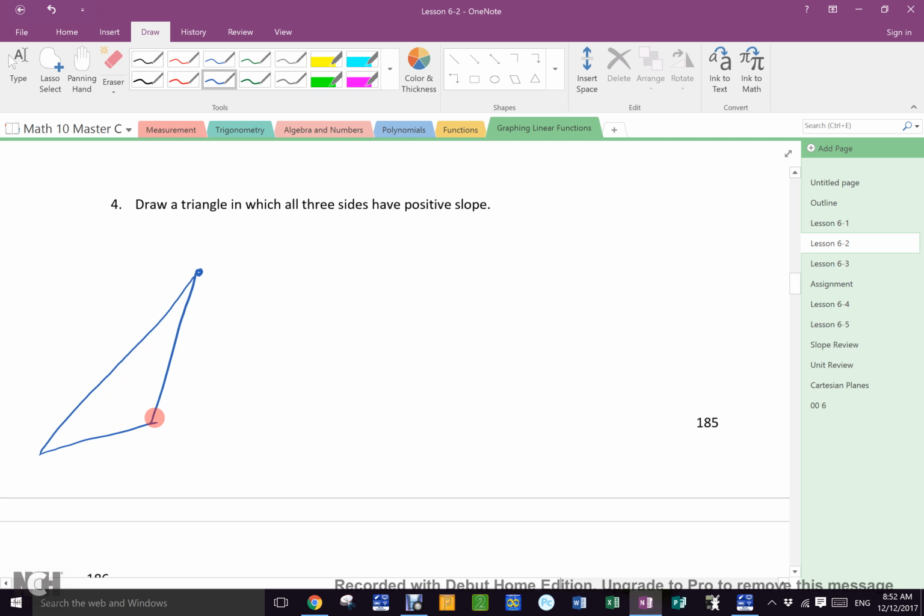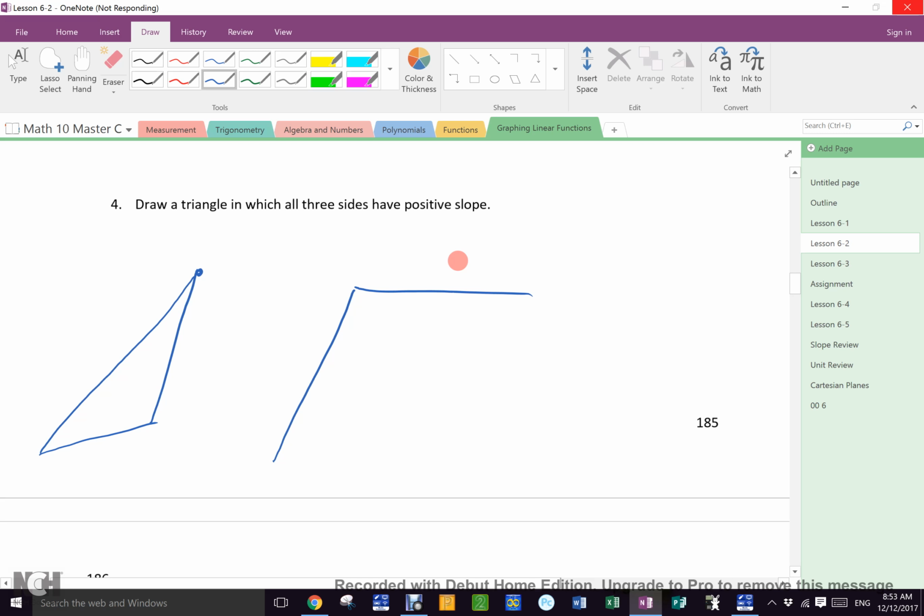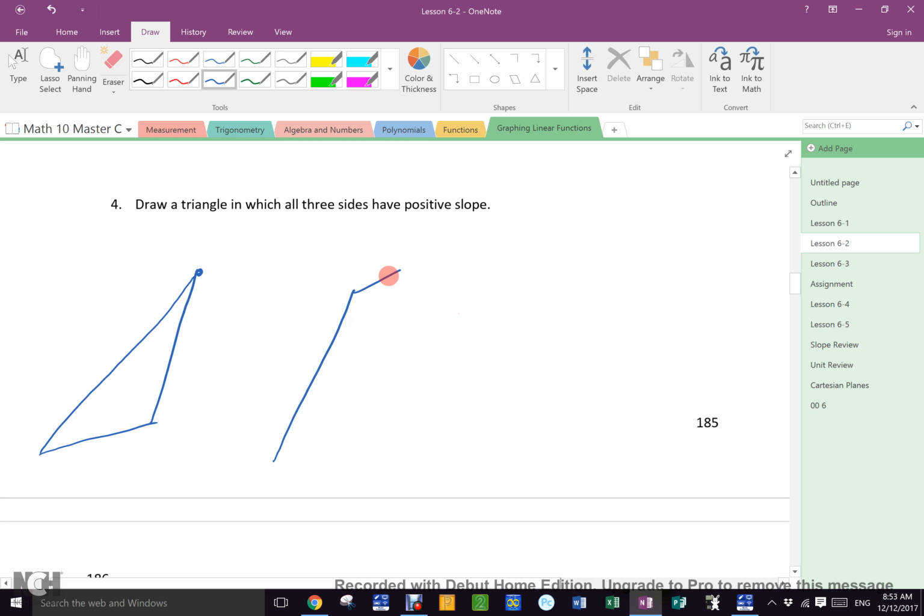Yeah. Great. What if I went up and to the right and I wanted to keep going up? Could I go over there? No. Could I go straight up? No. Could I go flat? No. Can I go there?